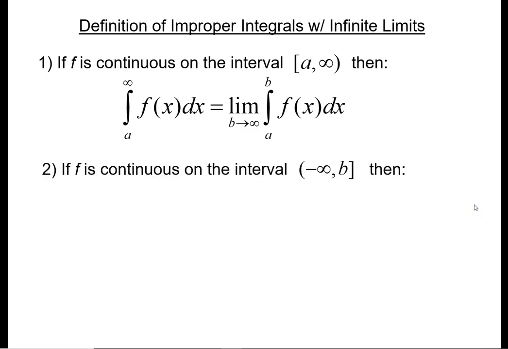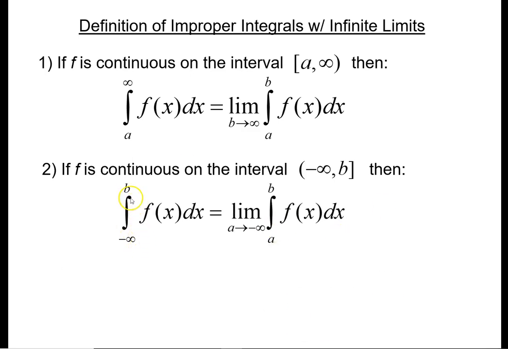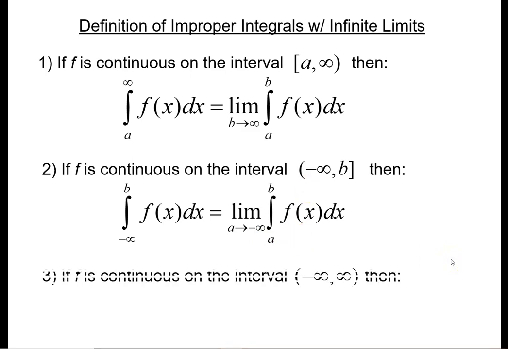We could also go to negative infinity. If we were asked to integrate the function from negative infinity up to b, it would be the same idea. Now notice I'm using a for the lower limit this time. It doesn't really matter what you call the variable, but this would be equivalent to the limit as a approaches negative infinity of the integral of the function from a to b.